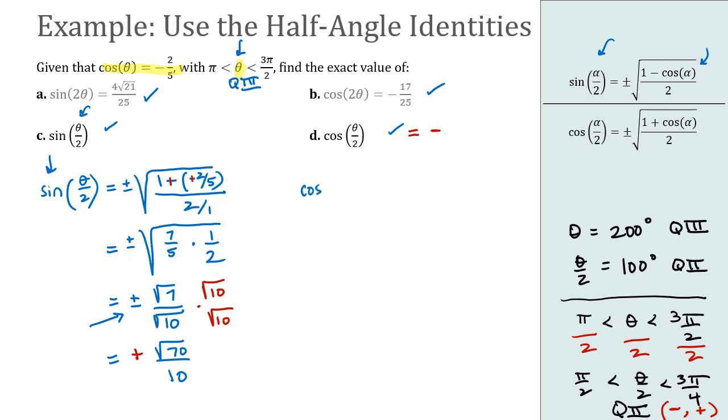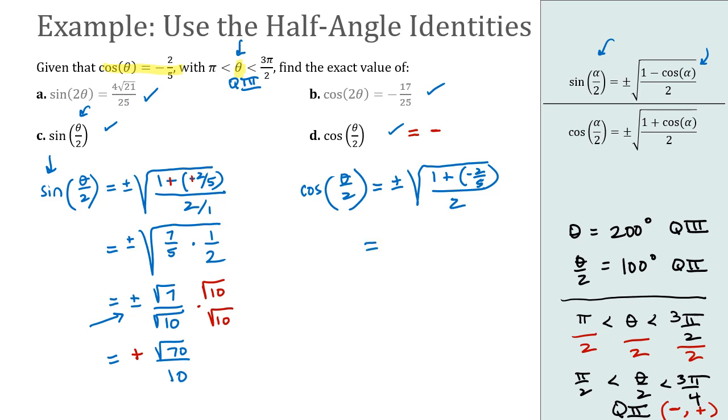So we're going to have cosine of theta over 2. That is going to equal, I'll go ahead and put the plus or minus in there and then put the correct symbol at the very end. So I'm going to have 1 plus the cosine of theta, and remember that was given to us as negative 2/5, all over 2.